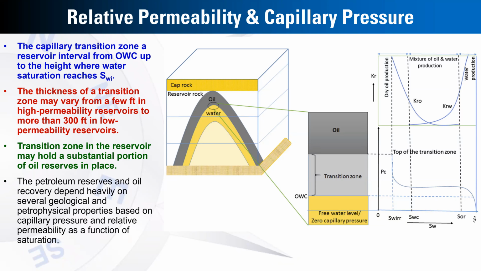For the capillary pressure, as you can see, it follows this trend. On the y-axis we have water saturation from 0 to 1 against the capillary pressure curve, increasing from this point, which is the entry pressure or threshold pressure.